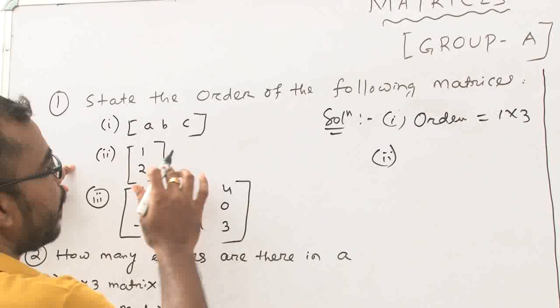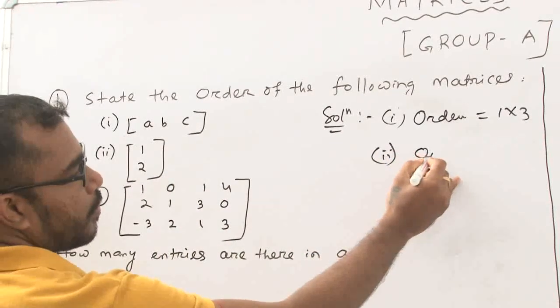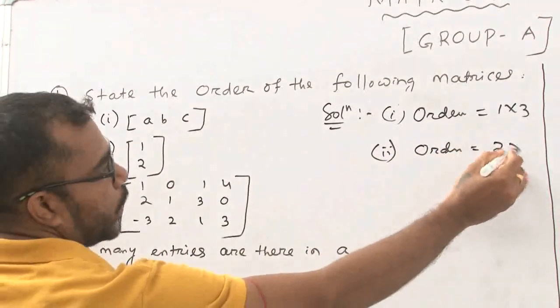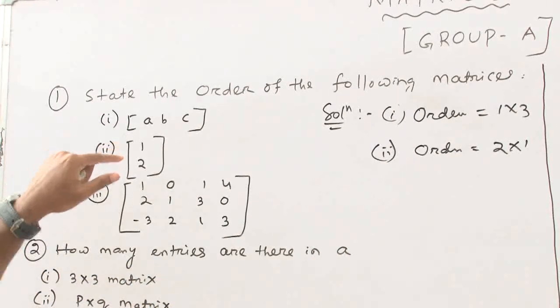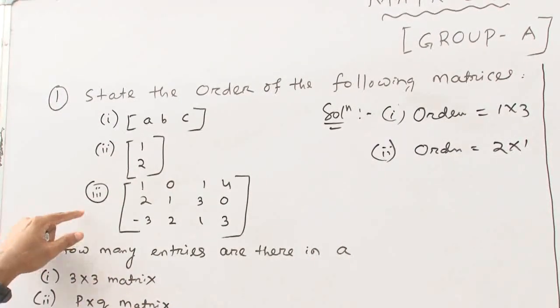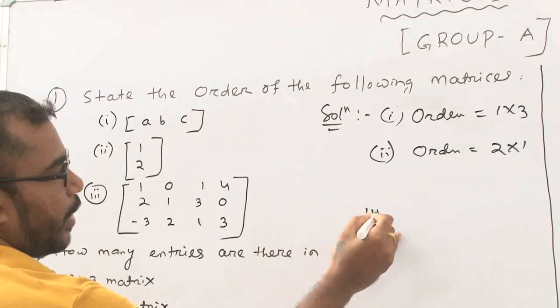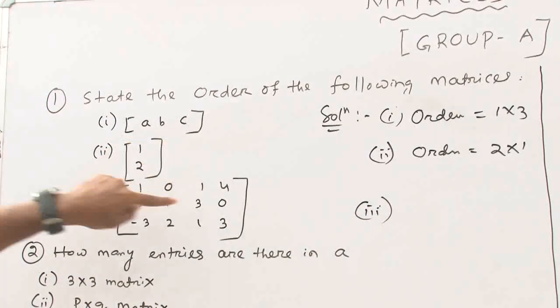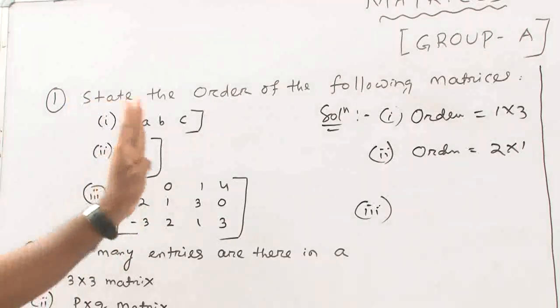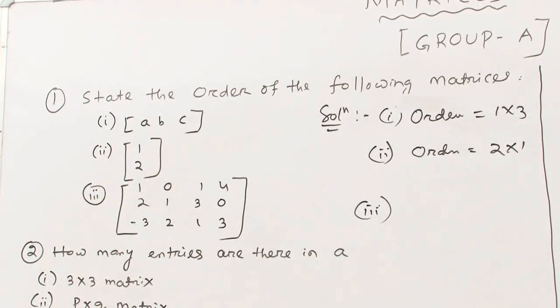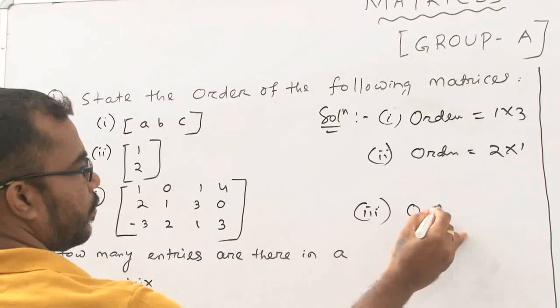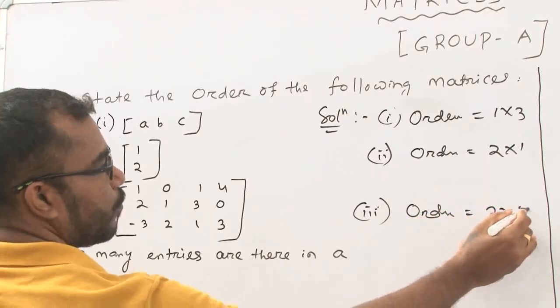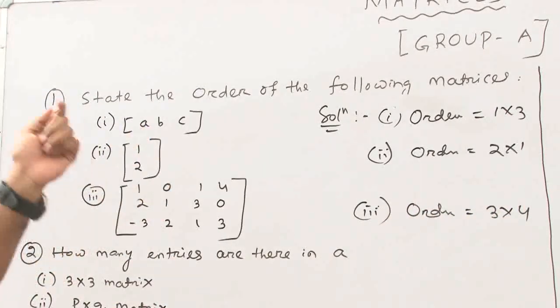So the order of the second matrix is 2 into 1, because it has 2 rows and 1 column. Similarly, the solution of the third one, a matrix having 3 rows and 4 columns, so the order of this matrix is 3 into 4. So here is the solution of question number 1.